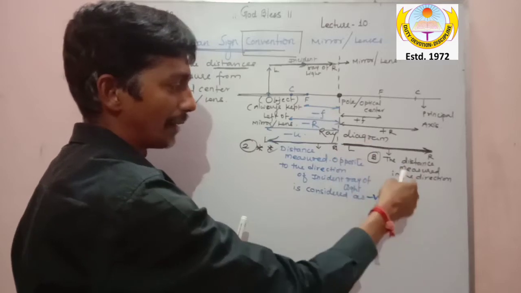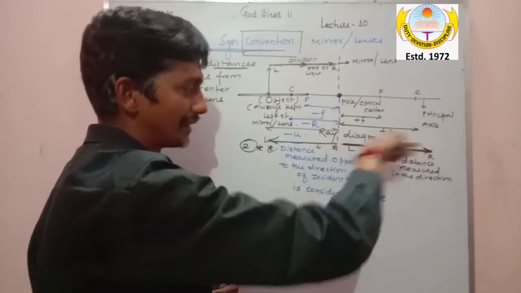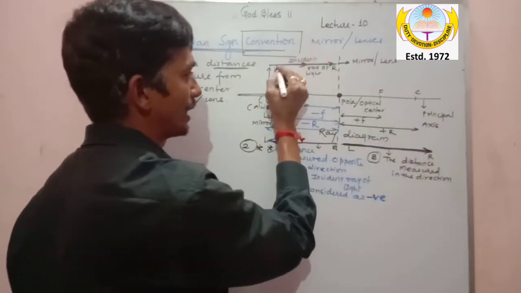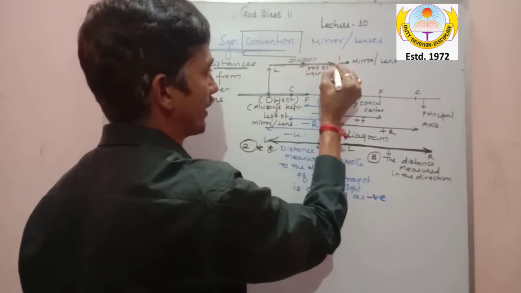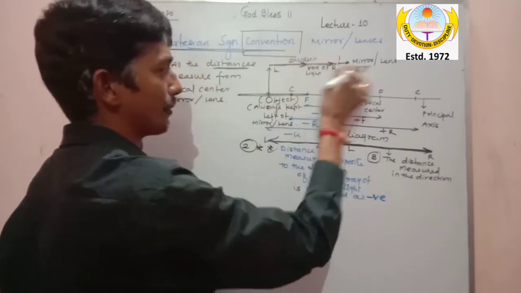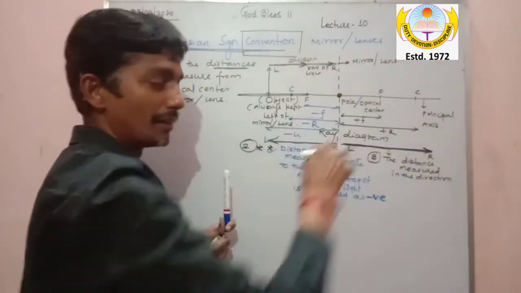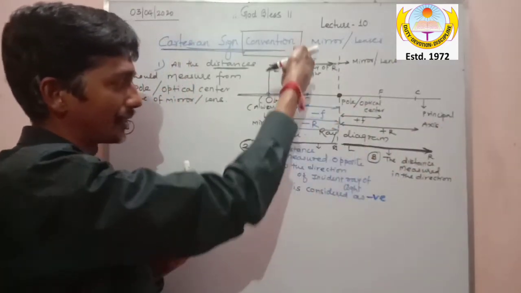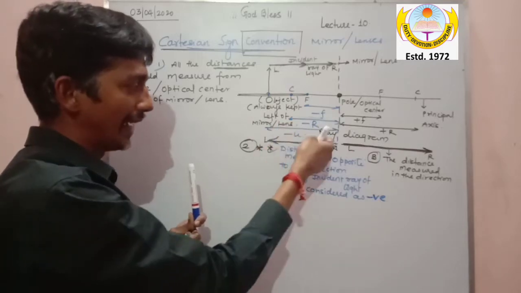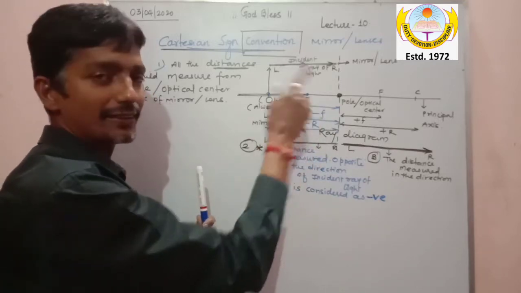So you can see that this distance is measured in the direction of the incident ray, because the incident ray always, I said, goes from left to right. So this is also going from left to right in the same direction, but this was going in the opposite direction. So I considered any measurement on this side as minus.